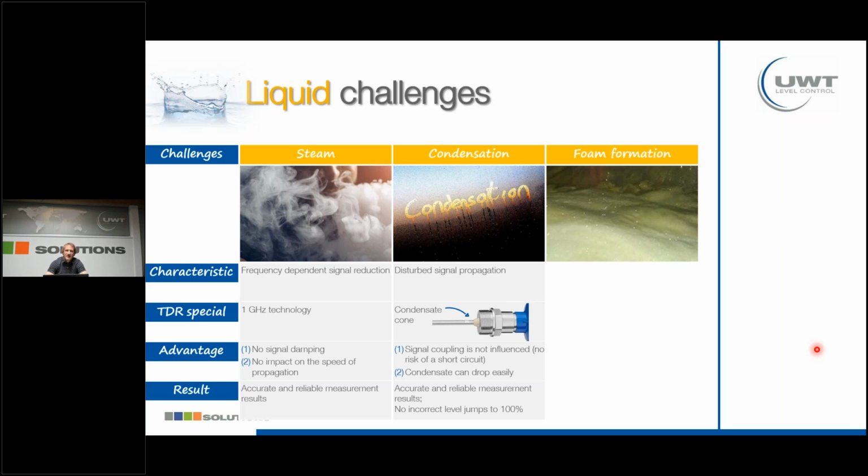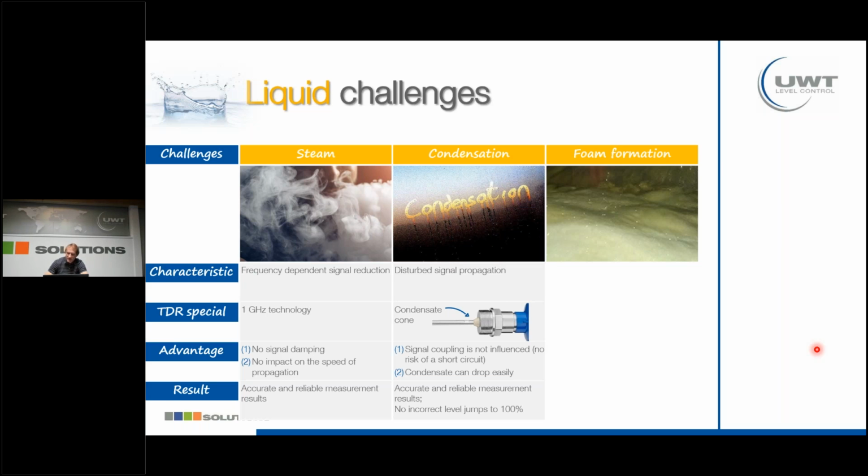With this condensate cone, this problem is avoided, and we do not get any incorrect level jumps to 100%. So it is a good feature to make the TDR technology also work with condensation.